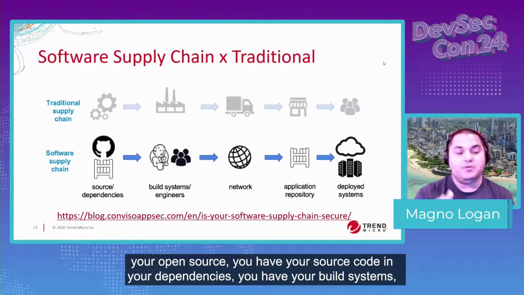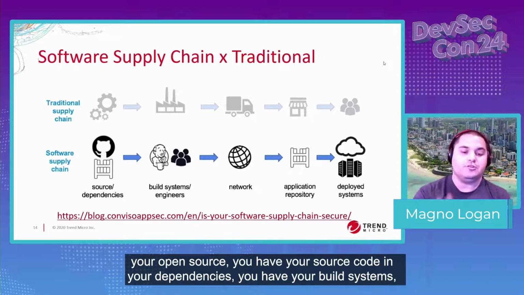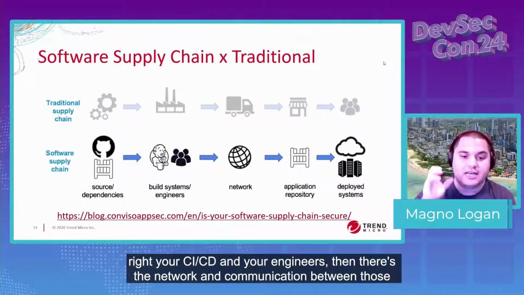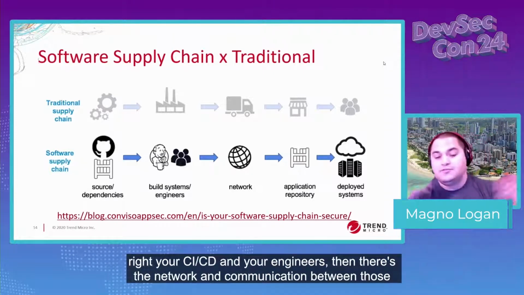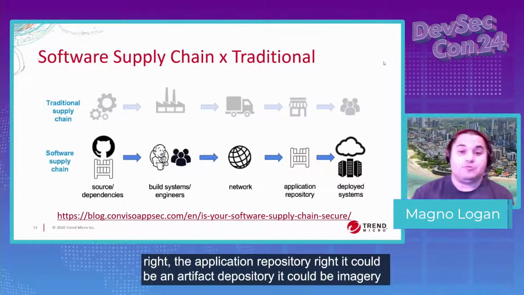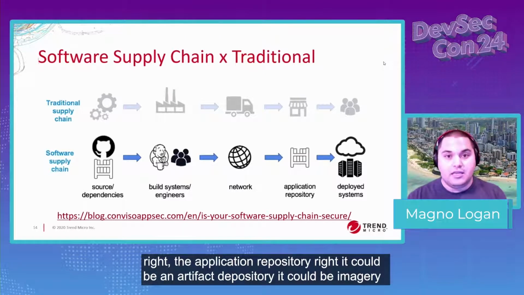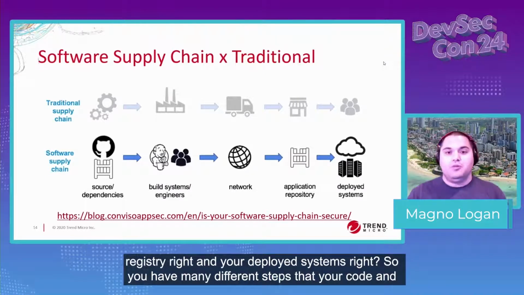So you have your open source, you have your source code and your dependencies, you have your build systems, right? Your CI/CD and your engineers. Then there's the network and communication between those, right? The application repository, right? It could be an artifact repository, it could be an image registry, right? And your deployed systems, right?